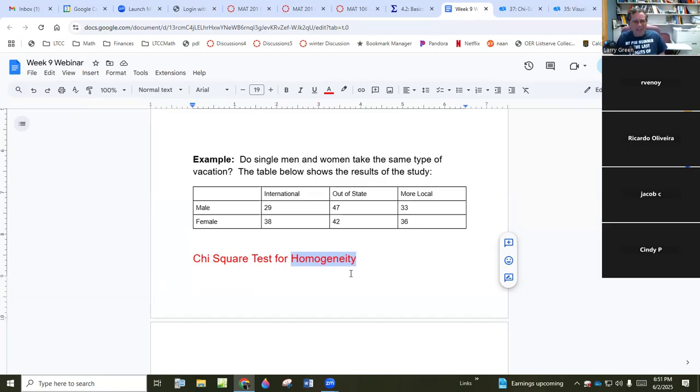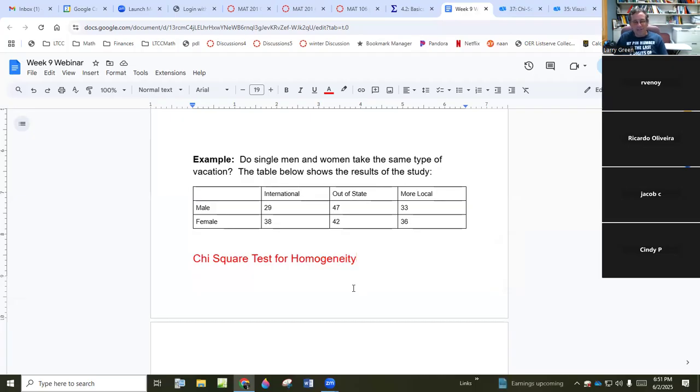So it's testing to see if male and female are basically equal, or are they different from each other? Do you see that? That's kind of the idea. So that's why it's called the chi-squared test for homogeneity. If you don't like that, don't get mad at me. I didn't name it.